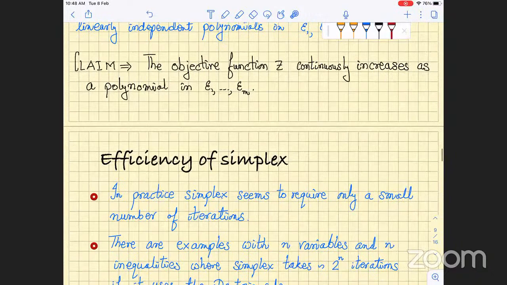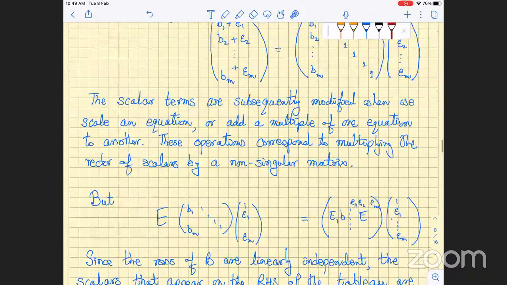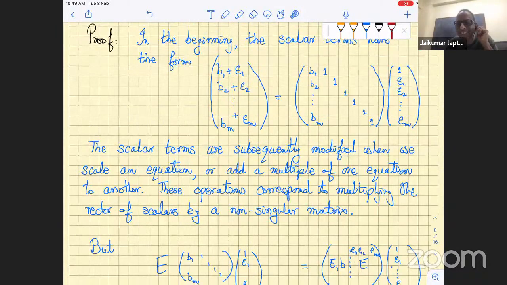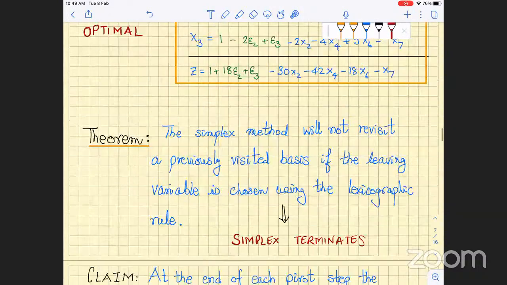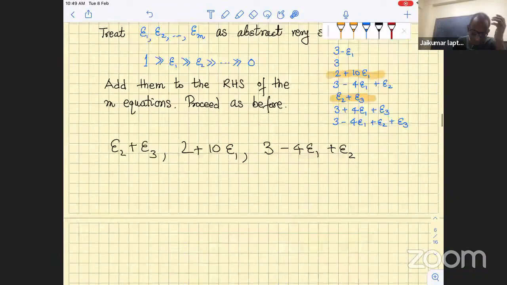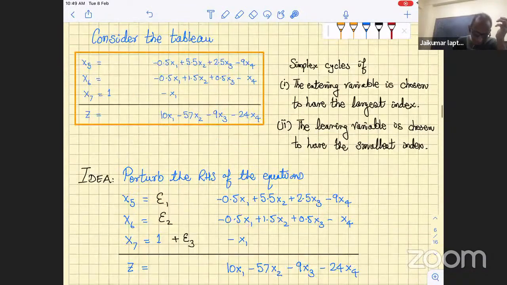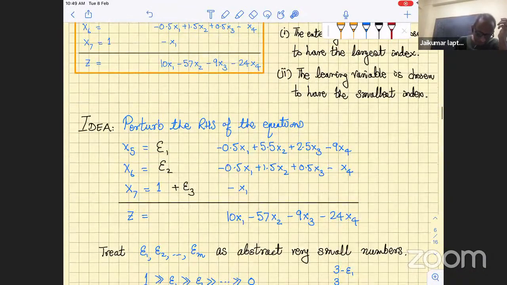Sorry, a question. Does it matter where the epsilon1 and epsilon2 are going? Like in here, it is going to x5. No, it doesn't matter. For this presentation, it would have been nice if I had called these epsilon5, epsilon6, and epsilon7 so that we could keep track of it nicely.